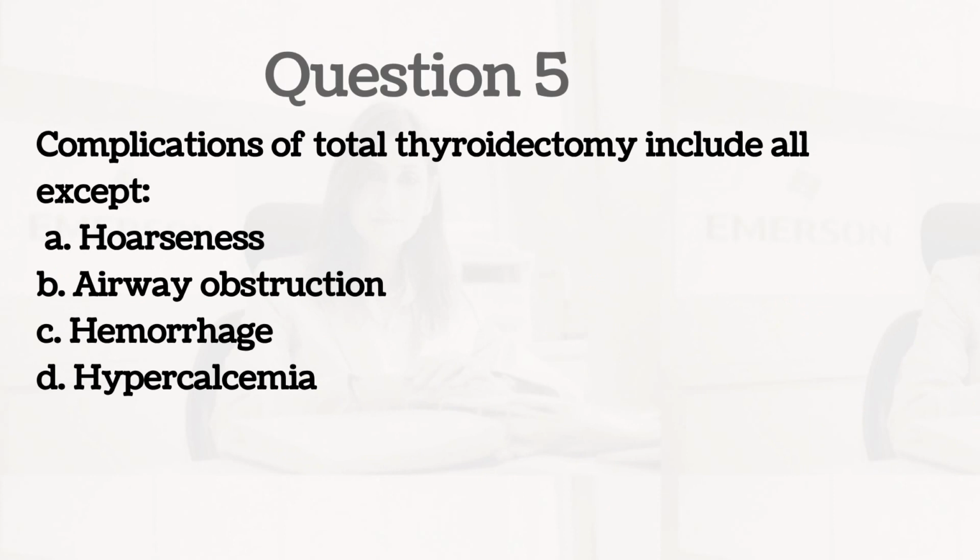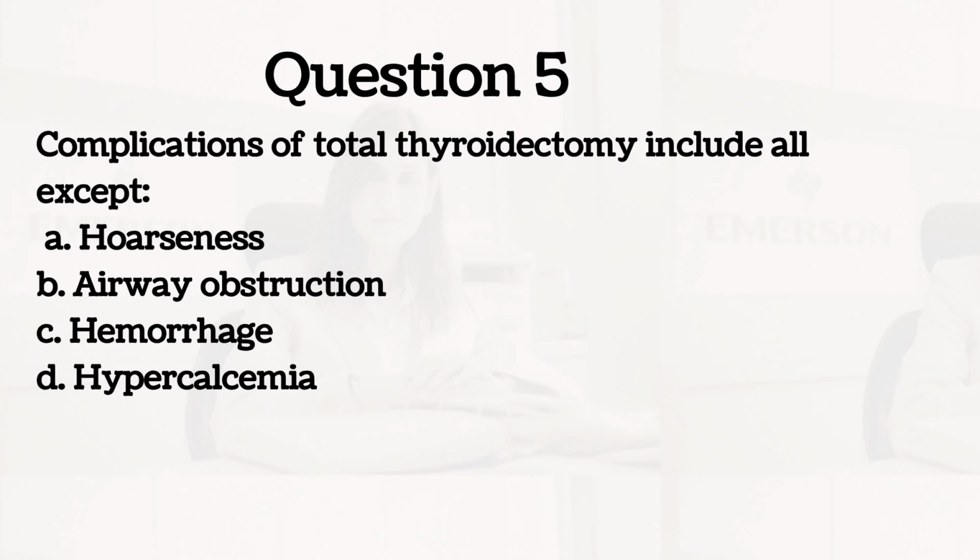Question 5 is saying complications of total thyroidectomy include all except: A. Hoarseness, B. Airway obstruction, C. Hemorrhage, D. Hypercalcemia. Hoarseness, airway obstruction and hemorrhage are complications of total thyroidectomy, and D is not, because one of the complications of total thyroidectomy is hypocalcemia.